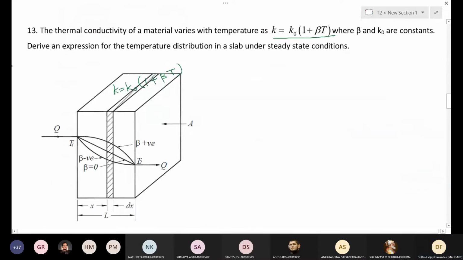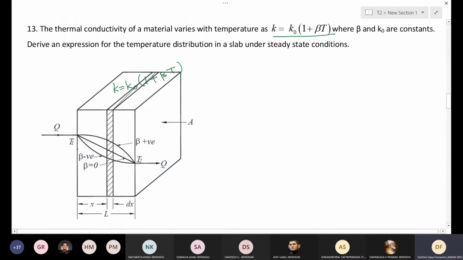Now, if you have a left side surface at T1 and right side surface at T2, definitely we can see that T1 is greater than T2 in this case. I will ask one question here.